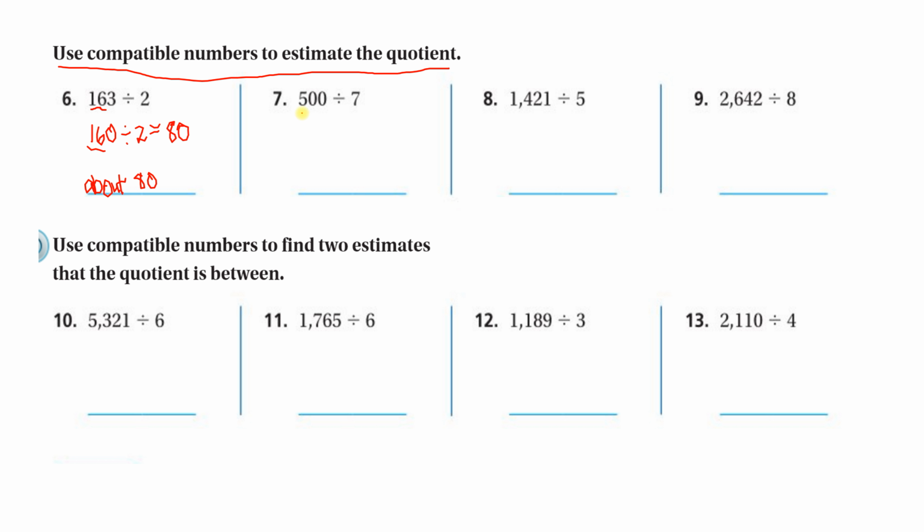Okay, jumping over to number 7, I see at the beginning 50. Now again, I can look at 7 and say, okay, what number is very close to 50 that 7 will go into nice and evenly?